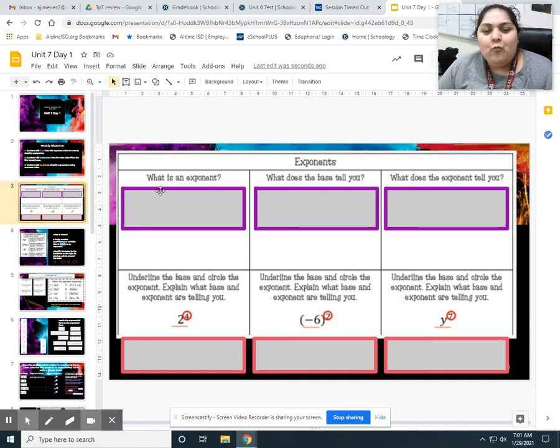Okay. So what is that 3? That 2 is telling us. The exponent is going to be that smallest number, but what is that number telling us? What does the base tell you? So the base would have been the 3.